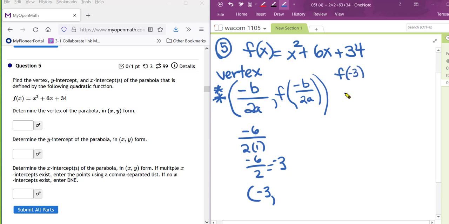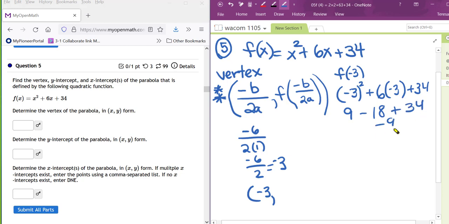So we're going to have negative 3 squared plus 6 times negative 3 plus 34. All right, so we have 9 minus 18 plus 34, negative 9 plus 34, yes, plus 34. 25.